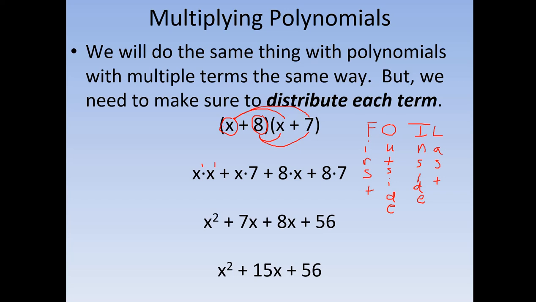Basically, you're going to multiply the first terms in both of these binomials, multiply the outside terms, take the inner terms and multiply them, and then multiply the last terms in both. So sometimes it can help, but it only really works for binomials.